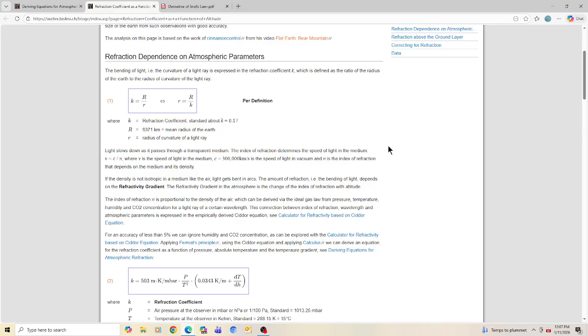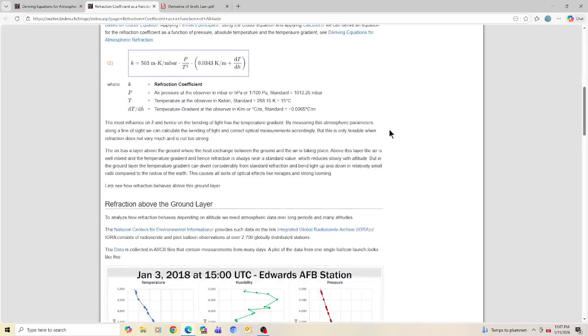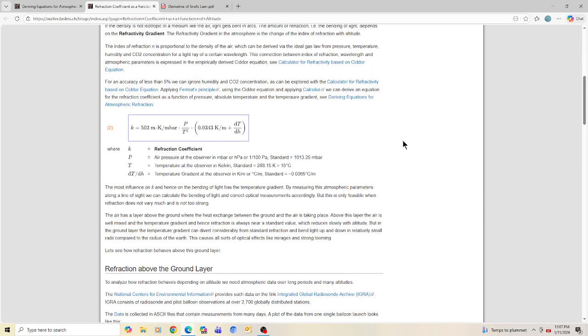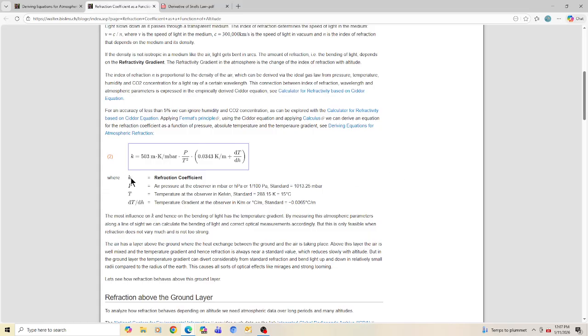Okay, so again, we might as well jump into it. We've already just mentioned that little k here is a coefficient. And we're deriving equations. We're trying to relate k, a coefficient, to pressure and temperature and a rate of change.